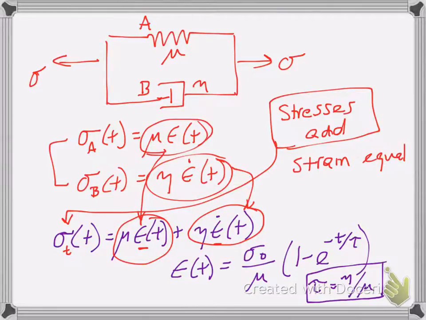If we can do a relaxation experiment where we give it a set strain through time, we can calculate the stress through time by plugging in our strain and our strain rate, which are known.